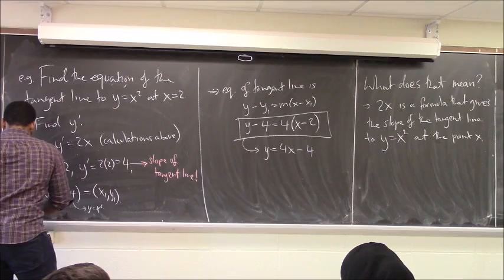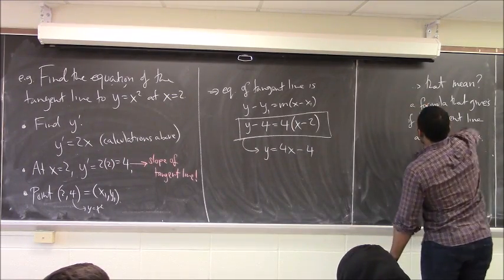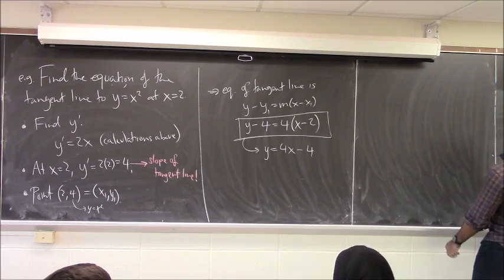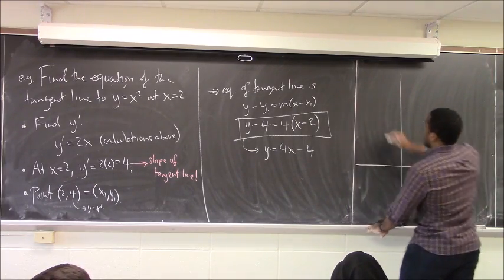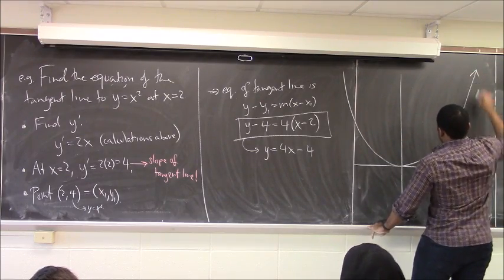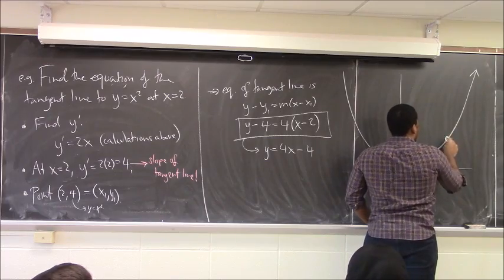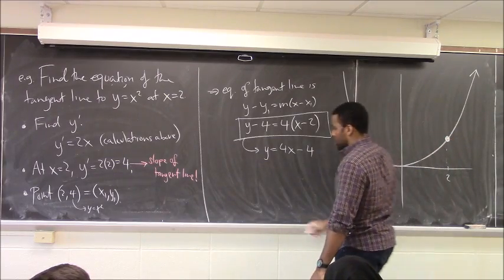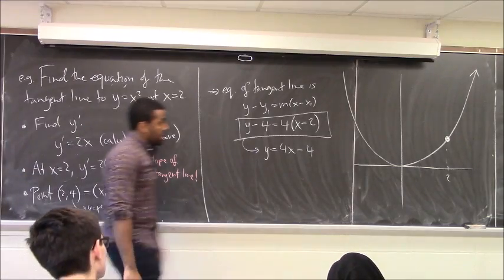So here's what that means geometrically. I have the function y equals x squared. I want to know what's going on at the point 2 in terms of the rate of change. The way we would do that is to find a tangent line.